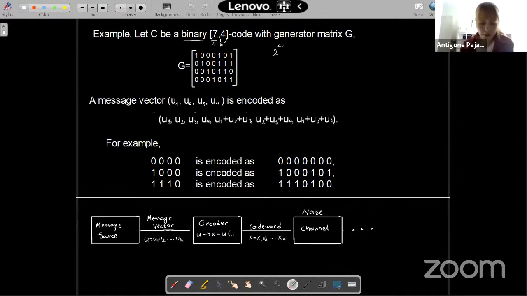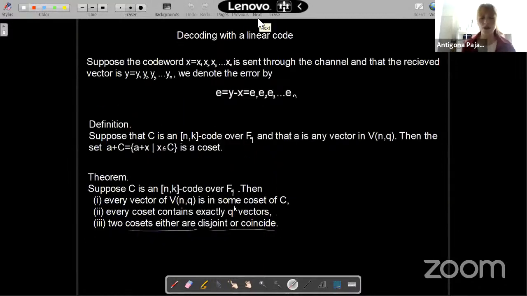So this is the code word and the channel. Now we are going to look at decoding with a linear code. We send the code word through the channel. Let's name it x, so x1, x2 to xn, and this is sent through the channel. The received vector, let's name it y.